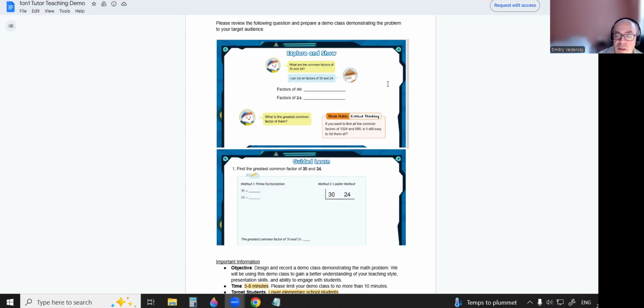Both of them allow you to find the greatest common factor. But actually, prime factorization is more useful if you need to find all common factors of the two numbers. Okay, thank you. Let's take a break now.